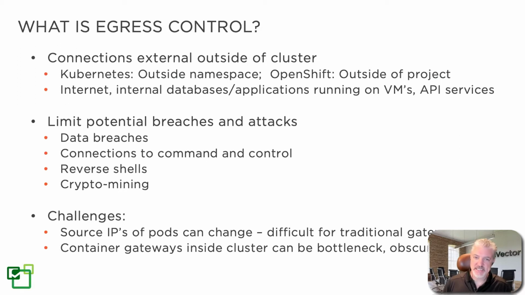Sometimes it's reused and it wasn't even for the same pod. Container gateways inside a cluster can be a bottleneck and can also obscure the source. This has more to do, I think, with Istio. I'll talk a little more about this, but obscuring the source can be a problem, not to mention the performance around a bottleneck.